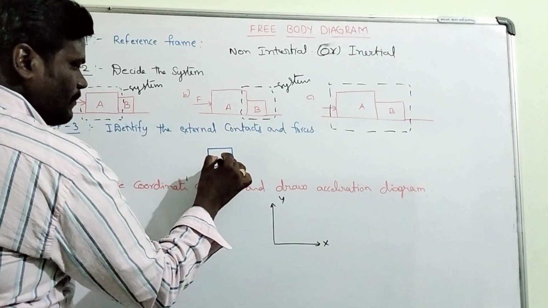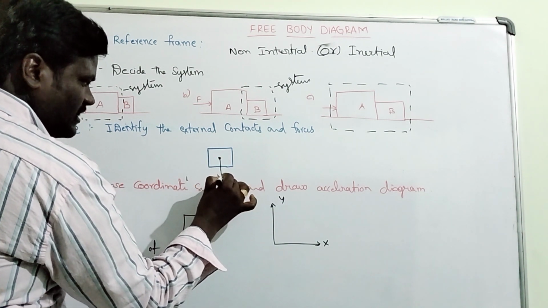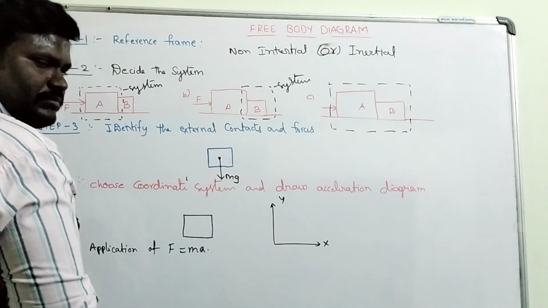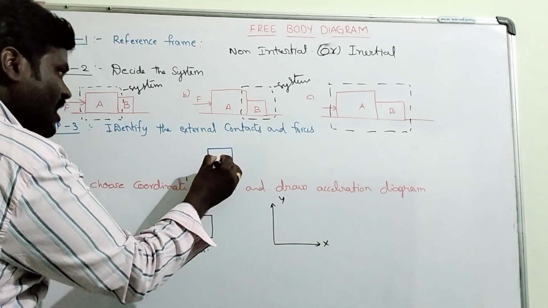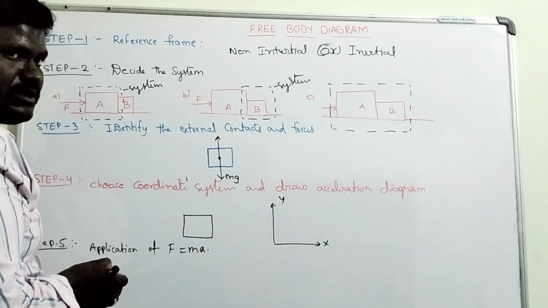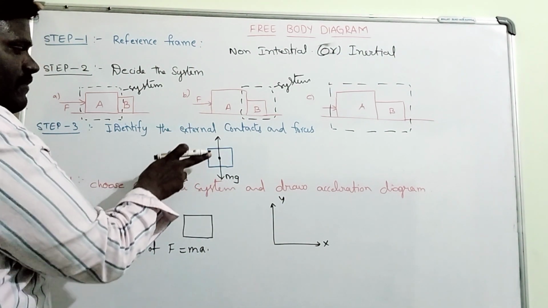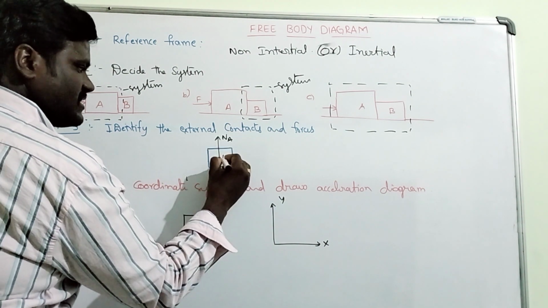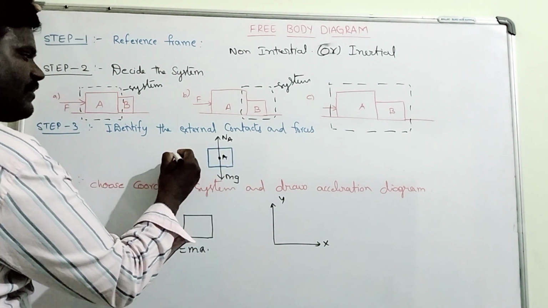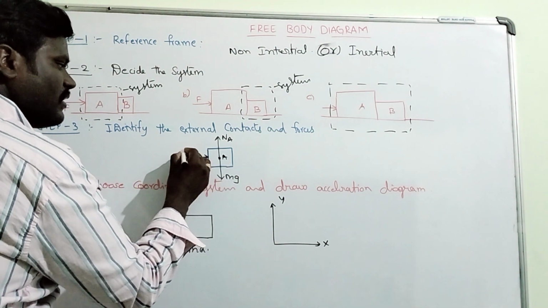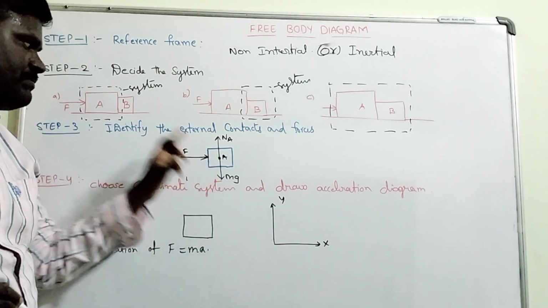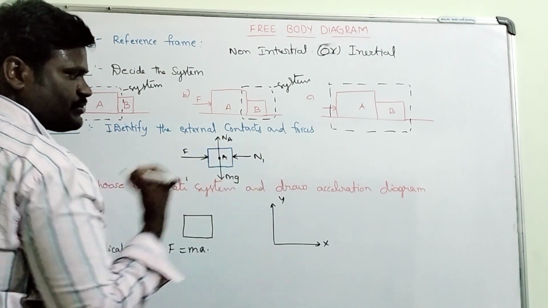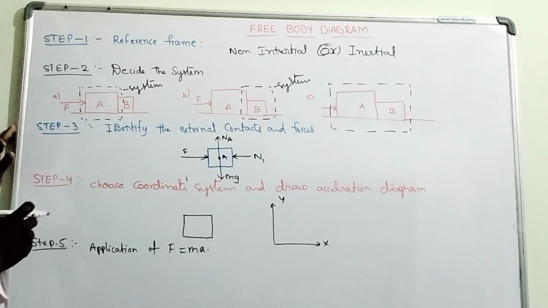Suppose every block has a downward gravitational force, which is mg, and due to this there is a normal force in the opposite direction, according to Newton's third law: for every action there is an equal and opposite reaction, which is called the normal reaction, if the system is A. And if a force is applied externally on the system, then an opposite force will exist as a normal force.